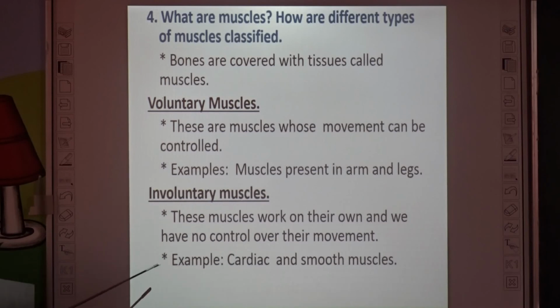The examples of involuntary muscles are cardiac muscles, which are present in our heart, and smooth muscles. The smooth muscles are present in our stomach and intestine. We cannot control the movement. Such muscles are known as involuntary muscles. The examples are cardiac and smooth muscles.